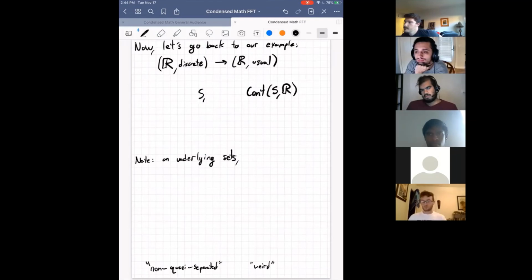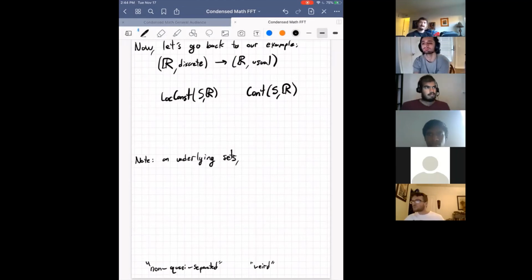Well, that's actually the same as the locally constant maps, because something's going to be continuous for that discrete topology, it's got to be locally constant. And so locally constant maps happen to be continuous. So this is actually an injection. And I can write a 0 there.